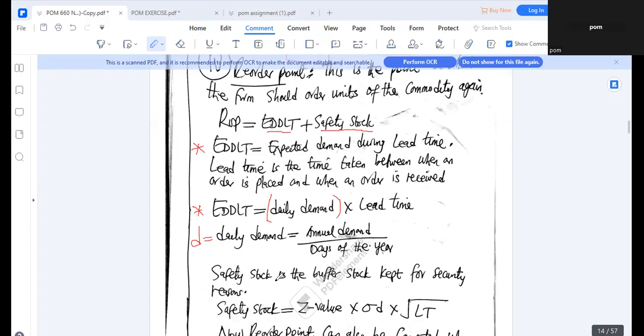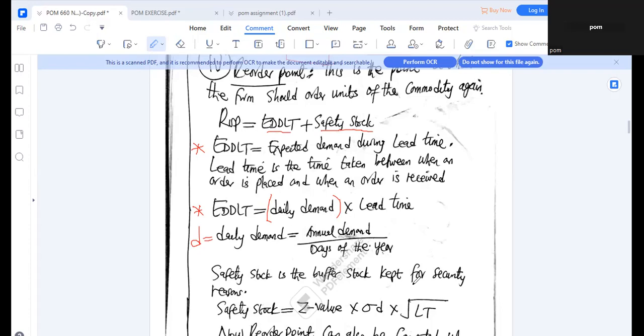Our safety stock is simply the buffer stock kept for security reasons to cushion against demand. That is, when you harvest the crops, you should have a certain number of bags that you keep as safety stock in case of hard times, so that you can use it to meet the demand.